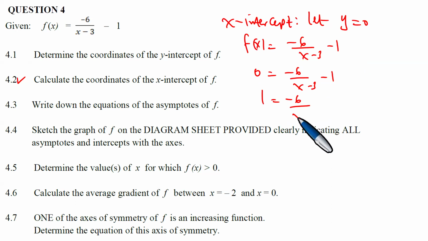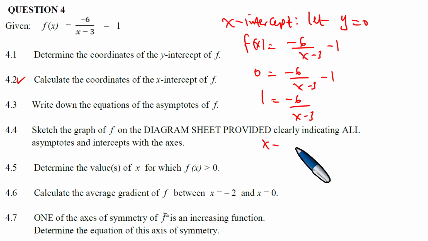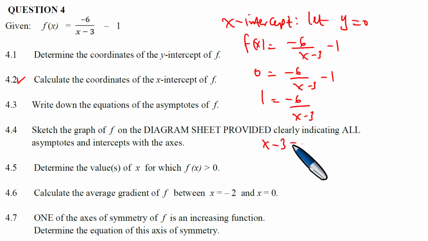This equals 1, which means x minus 3 equals minus 6, which means x is 3 minus 6. What is 3 minus 6? X is minus 3.